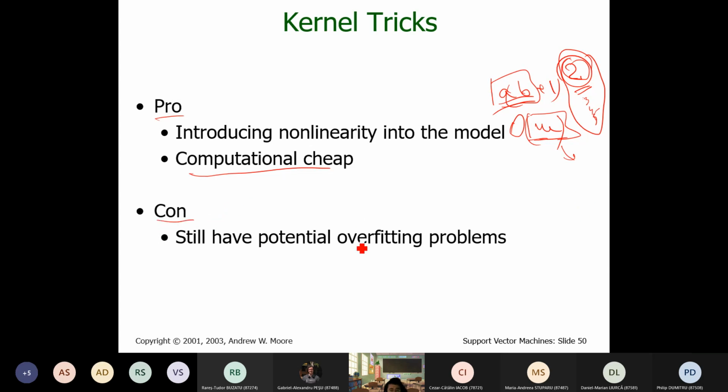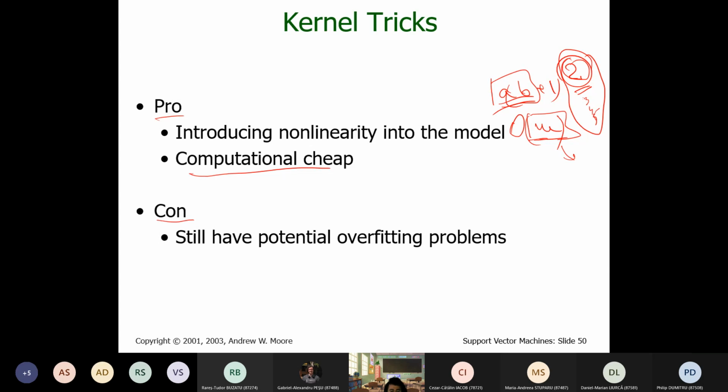The con of the kernel tricks is that we still have potential overfitting problems that I outlined when there was the discussion of going from the initial space to another space where the data will become linearly separable.